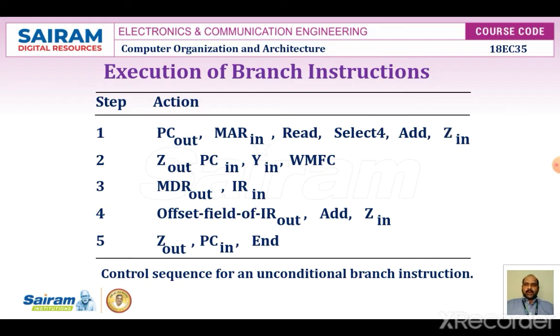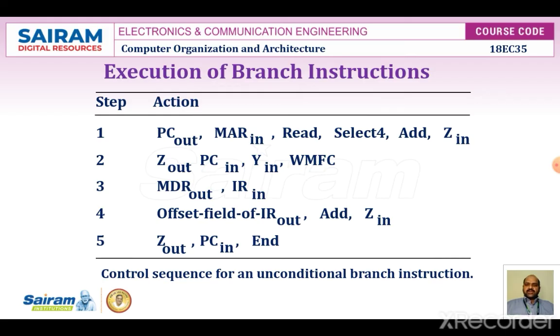In step 2, the value in Z is moved to the program counter. So Zout moves to the program counter in. This completes the program counter increment operation, and the program counter now points to the next instruction.